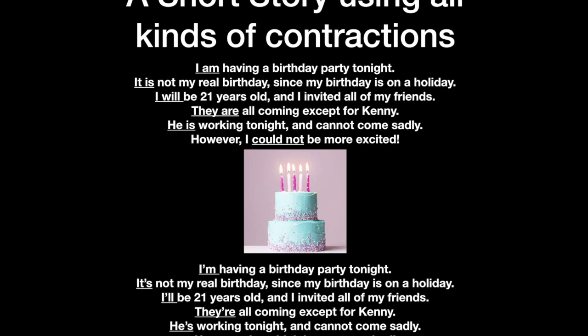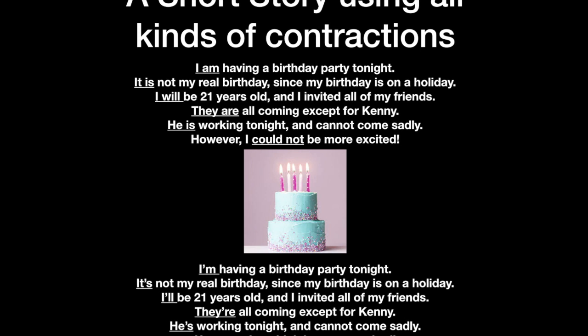So we do have some different types of words that we can contract here. We have some be contractions with I am, it is, he is, they are. We have one of the will contractions, I will. And then I have one of the not contractions with could not. So now I will read the shortened version to you.